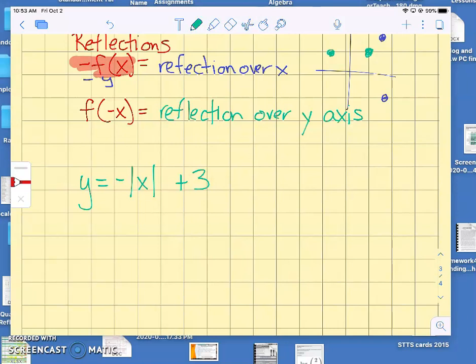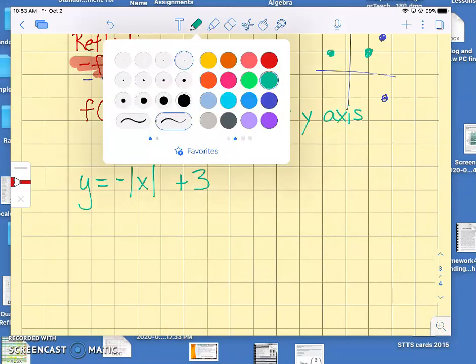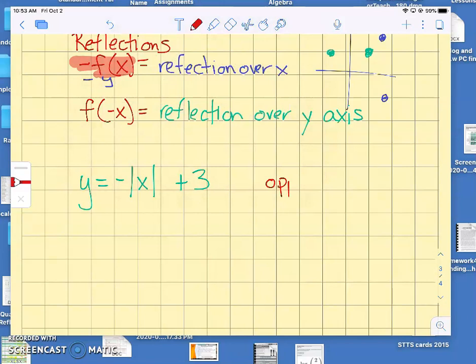It's on the outside. So when I see this, I think it's the opposite y value, and then it moves it up 3. So again, I always think opposite y from here to here. So that reflects over the x.